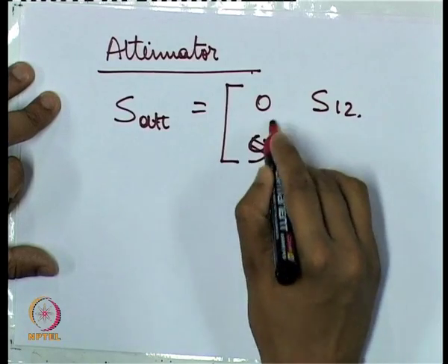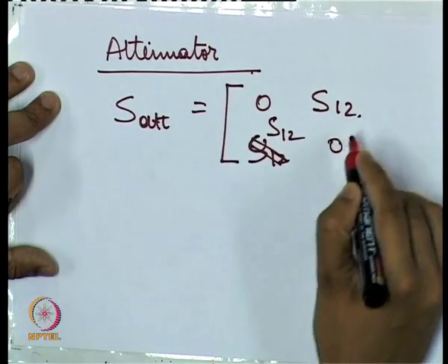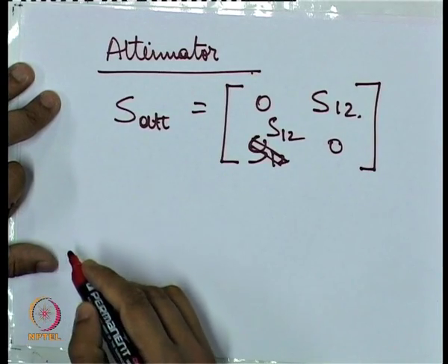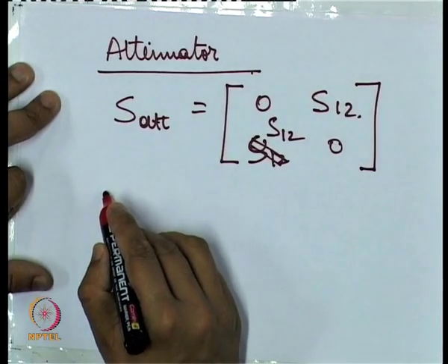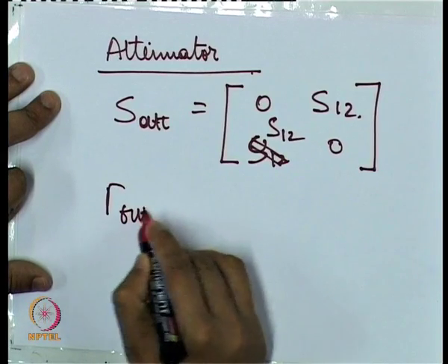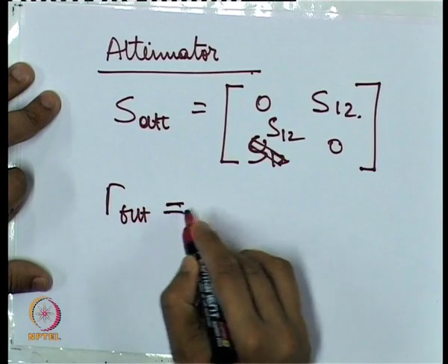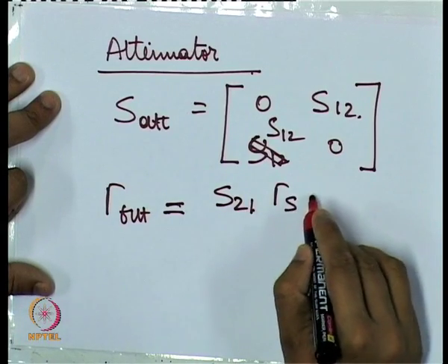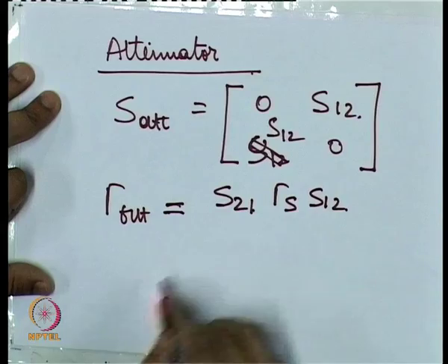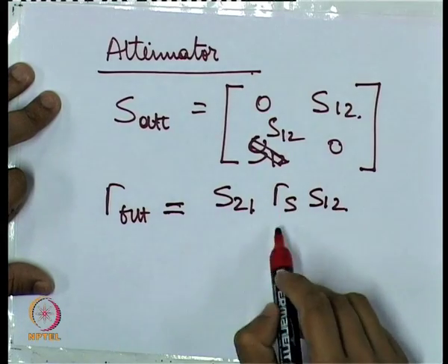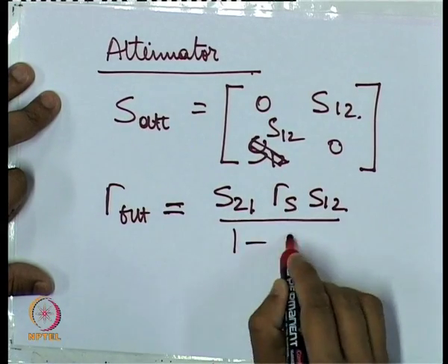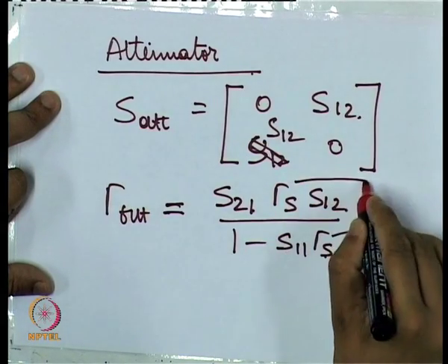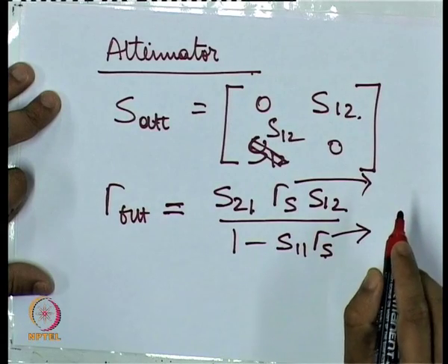Actually, this is S12 also, this is 0. So, both S11 and S22 are 0, and gamma out therefore should be equal to S21 gamma S S12 upon 1 minus S11 gamma S, where this gamma S is the generator reflection coefficient.